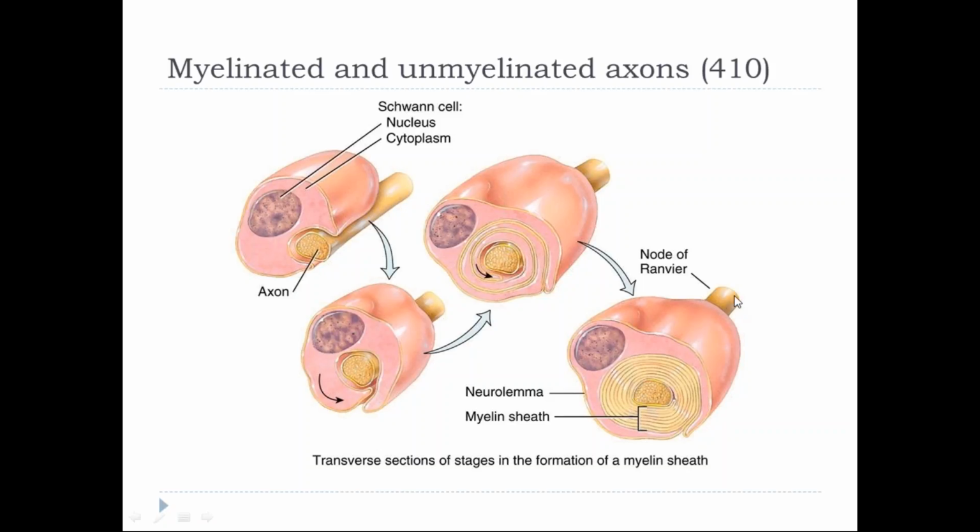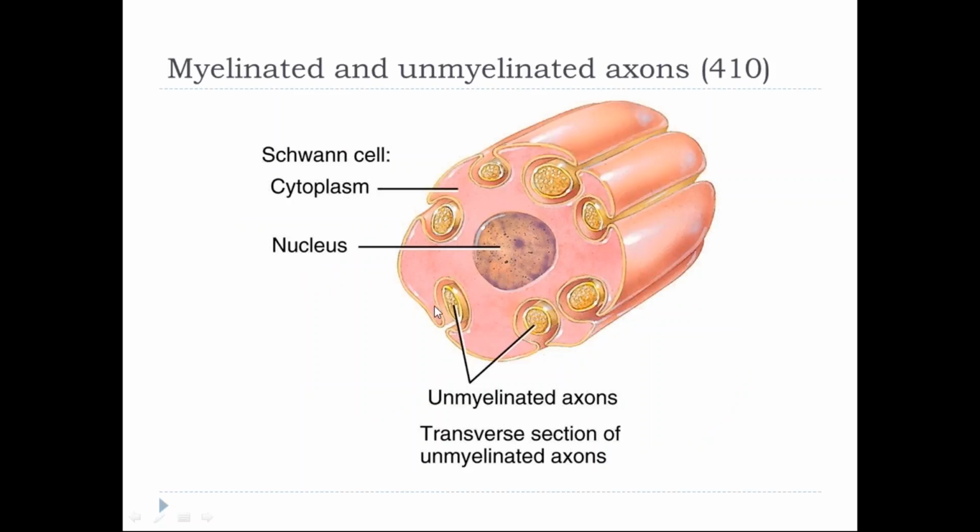Okay, and that's where you're going to have the collections of sodium voltage gated channels. Okay, they don't need to be on the other part of the neuron that's insulated because it's insulated. Okay, so they're just going to be collected in the neurofibril node. We can see that in the C fiber, which we know is unmyelinated, it would look more like this.